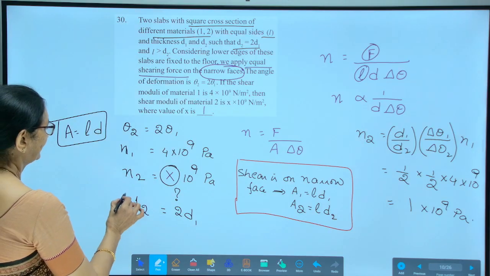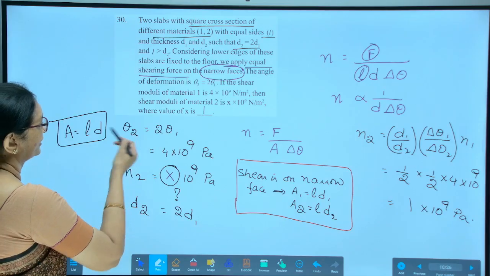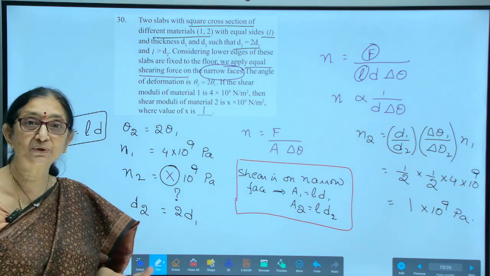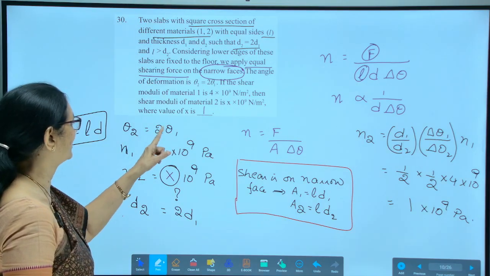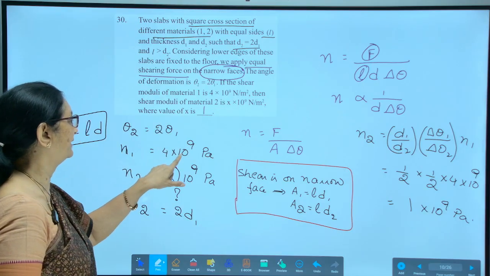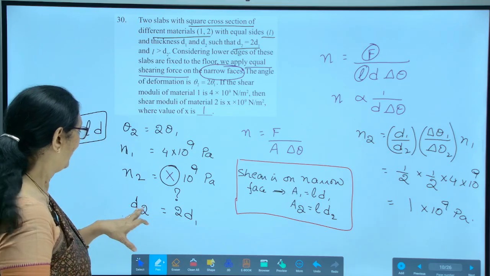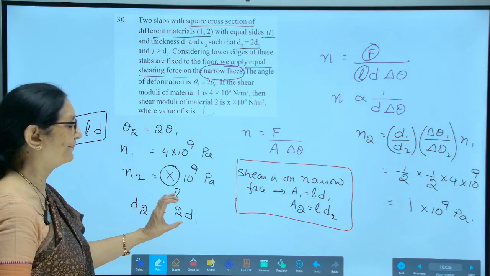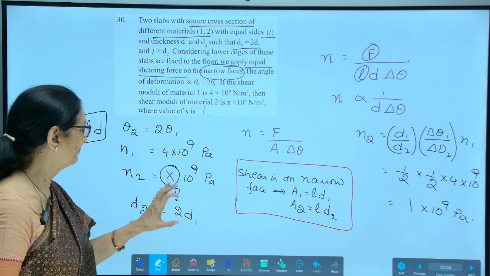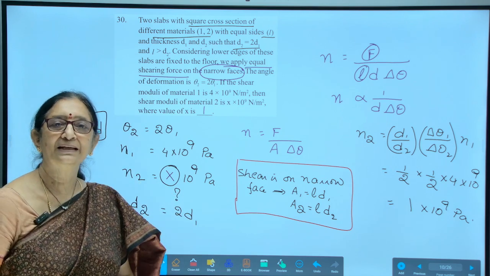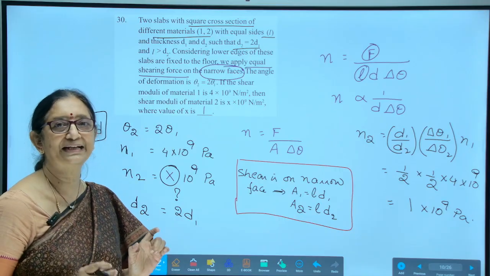So here it is given like this. The shearing stress produced in the case of the second slab is 2 theta 1, the rigidity modulus of the first slab is given, and the thickness of the second slab is given as twice D1.